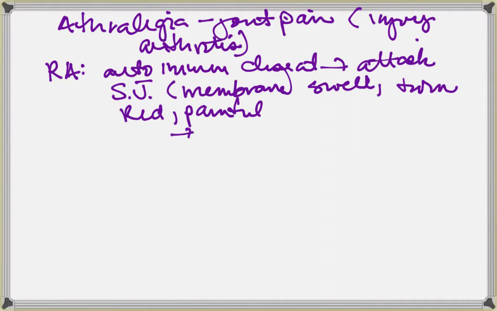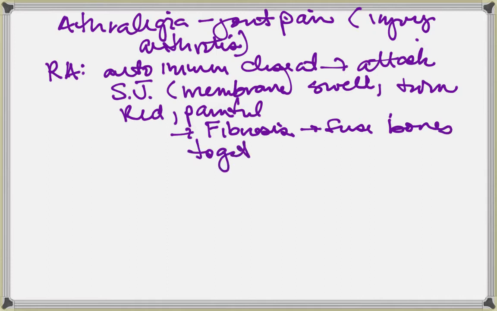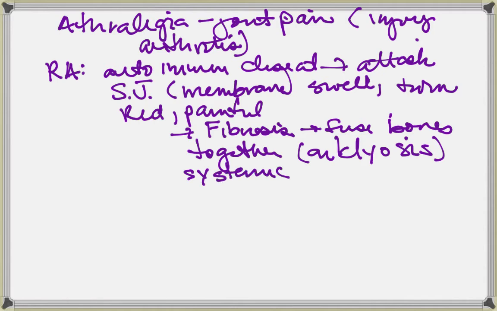Now, the problem with this is fibrosis may occur because of this, and that basically can fuse bones together, which is known as ankylosis. And it's a systemic disorder, which means it can cause damage to other tissues and organs as well.